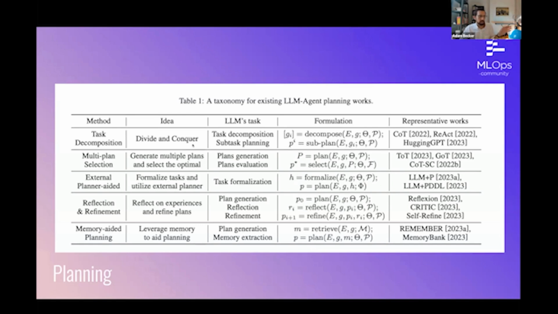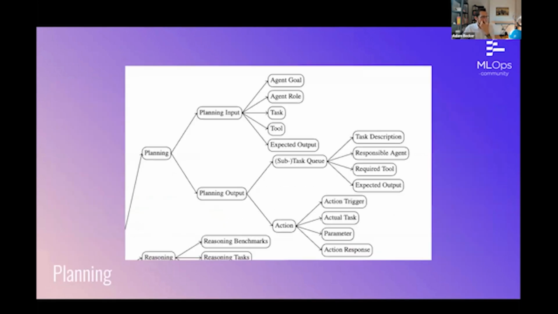Or multi-plan selection: let's come up with a bunch of different plans, then evaluate each of those plans and find the optimal one, right? Or the next one could be external planner aided. You can reflect and refine. You can look at the memory, or which types of breakdowns in planning have worked better, and then you come up with each of these plans. So basically, you have a planning phase, the output, a bunch of different tasks.